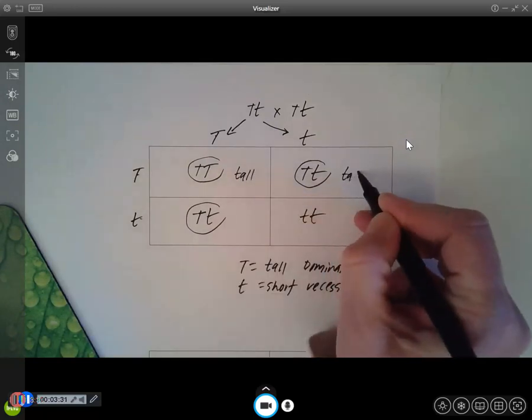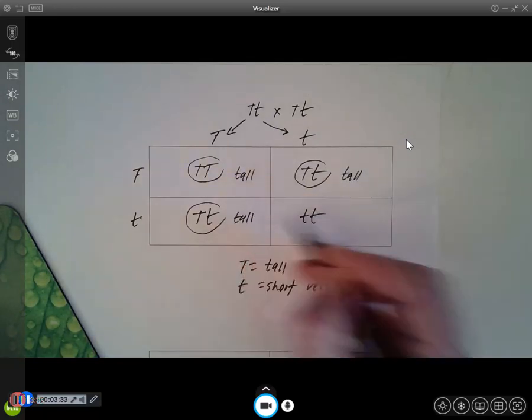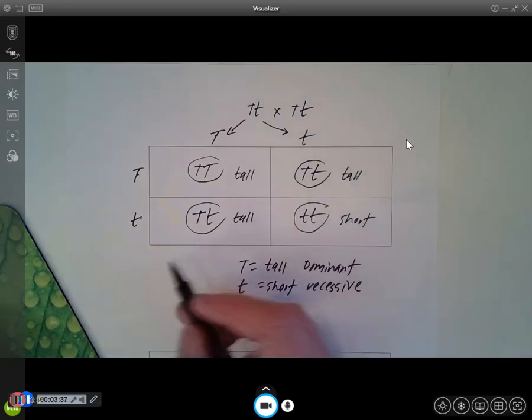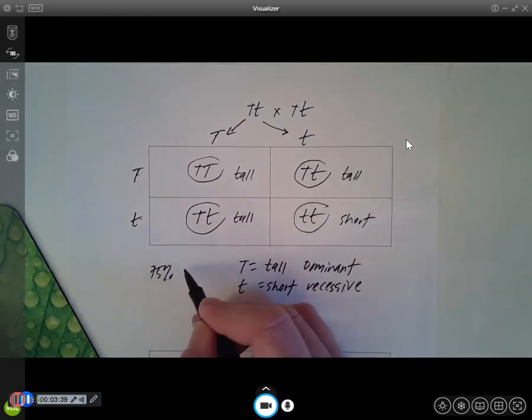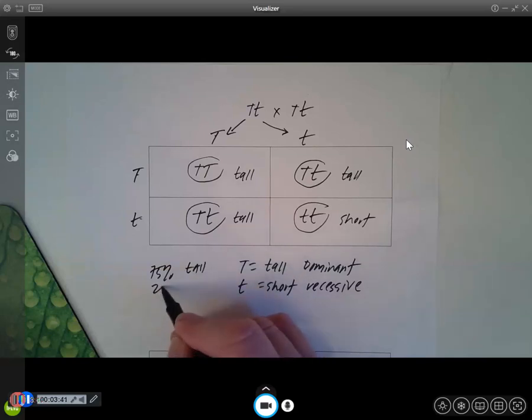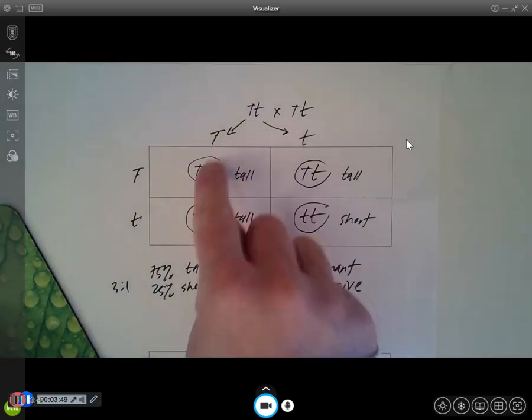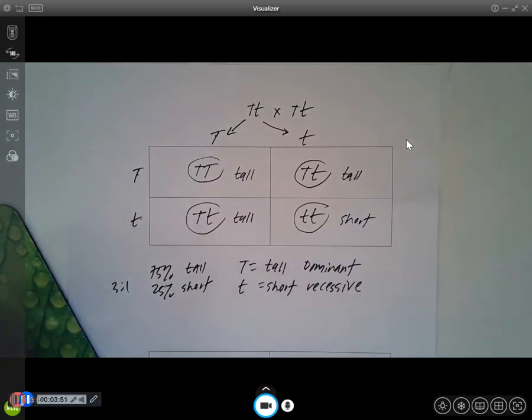Because heterozygous would be tall, and then this one would be short. So in this case, 75% are tall and 25% are short. So that's a 3-to-1 ratio. So that's called a monohybrid cross because we're just crossing one trait.